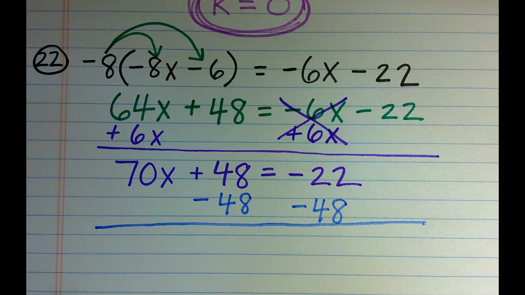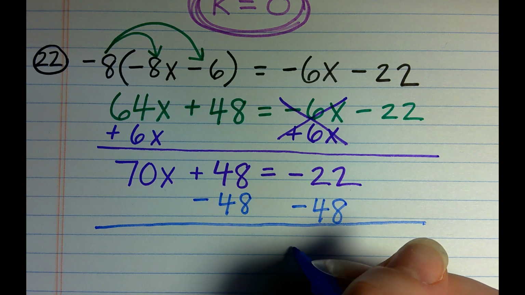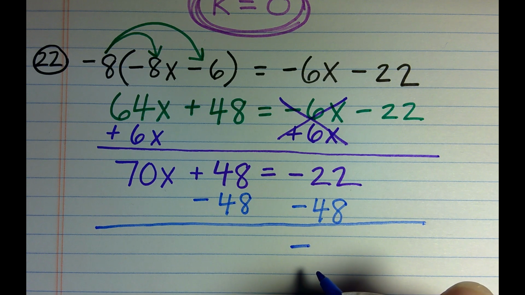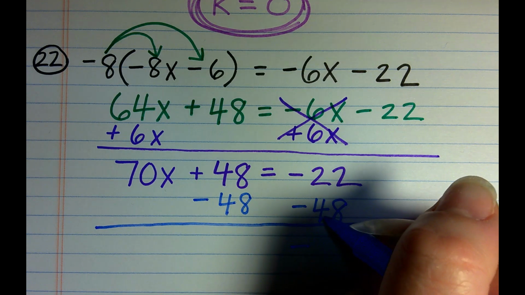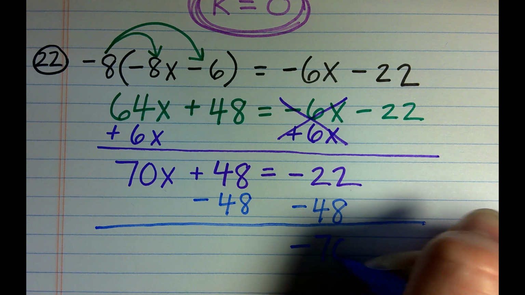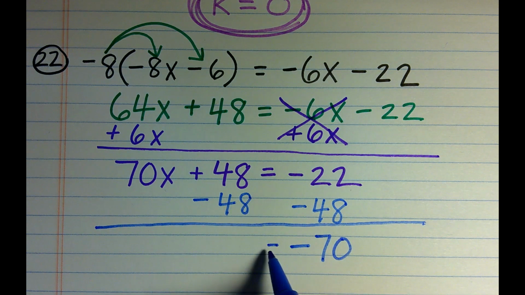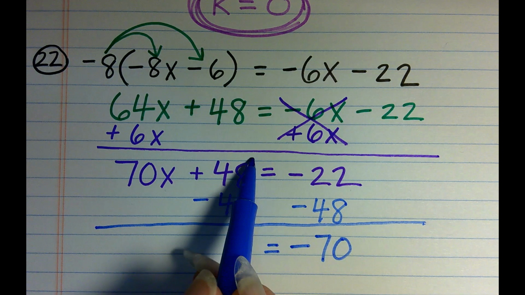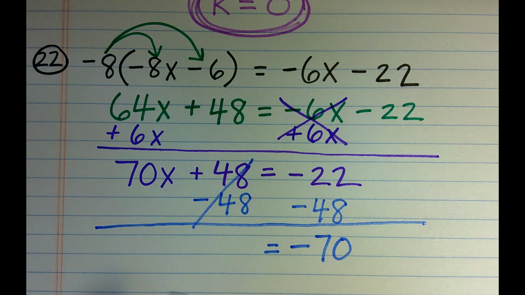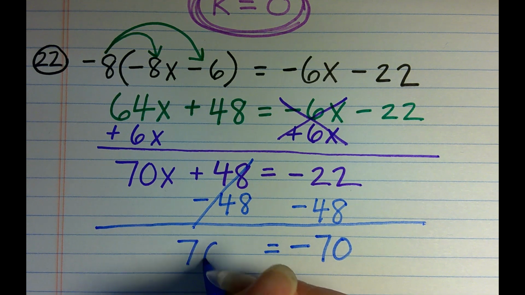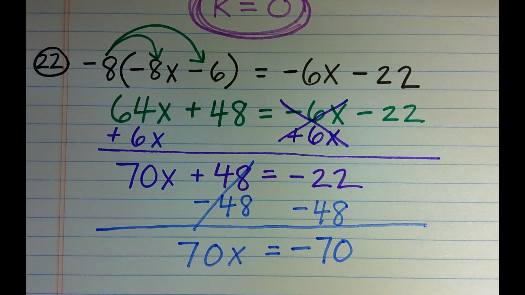You're really adding, you're getting a bigger negative. So it's going to be negative, what did you say, Jessica? 70. Negative 70. Equals, just cancel, and we get 70x equals negative 70.